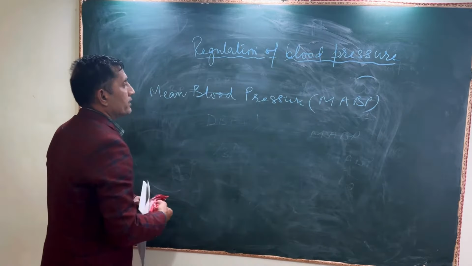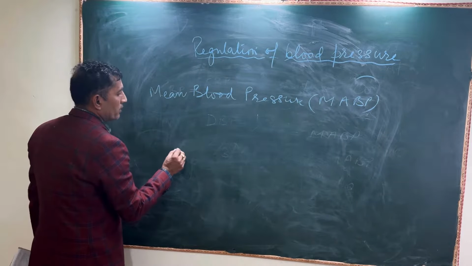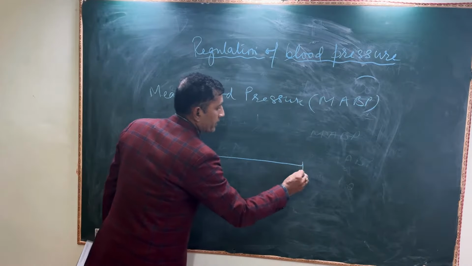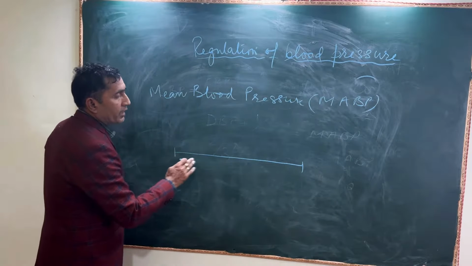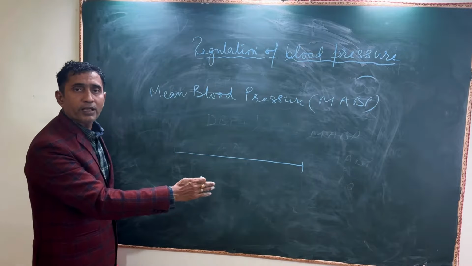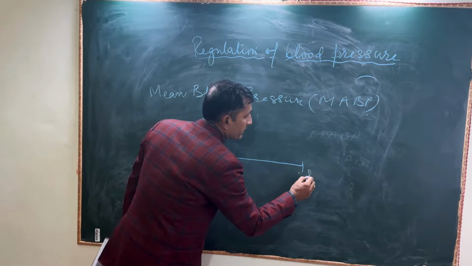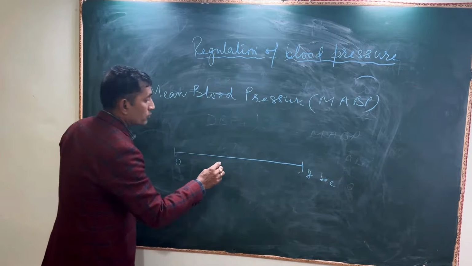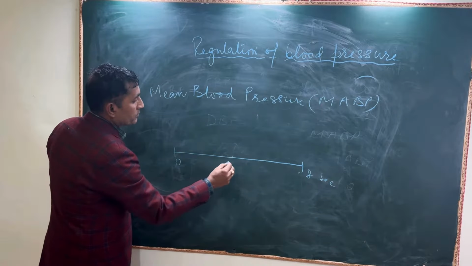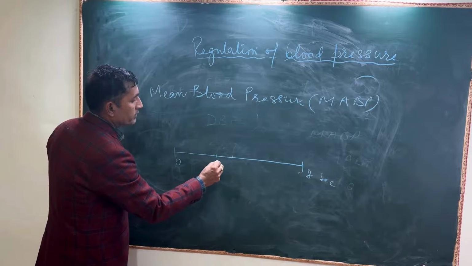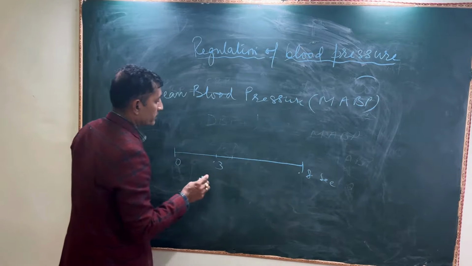How we can understand about the mean blood pressure? Say I am drawing a line here, and in this line I am talking about the duration of cardiac cycle. Say it is the 0 and this is the 0.8 second. So if it is the 0.8 second, then this is 0.3 and this is 0.8 second.